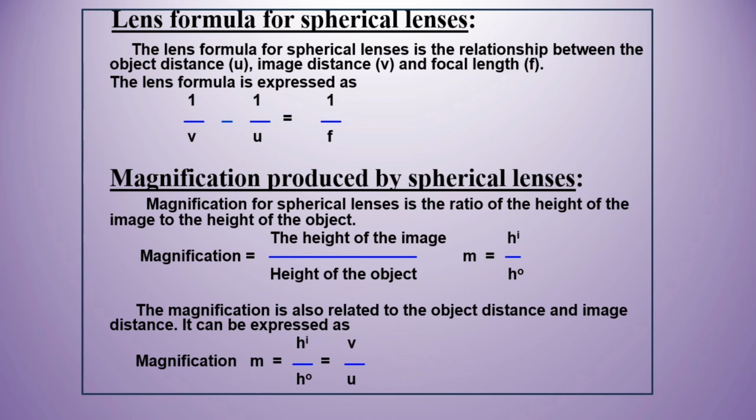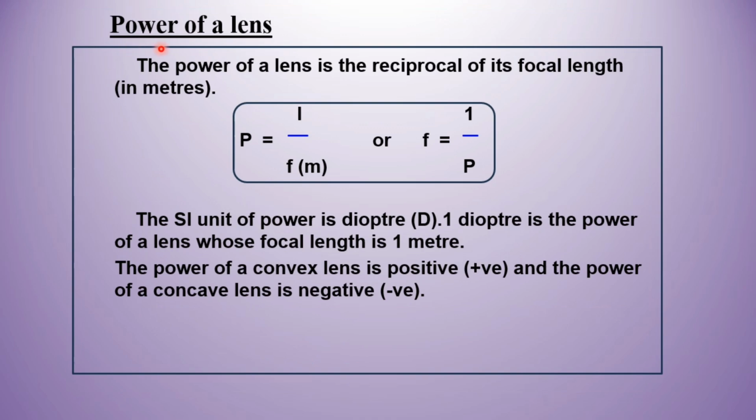We are going to see the power of a lens, and how to find it. Power of a lens is the reciprocal of its focal length, with the focal length given in meters.